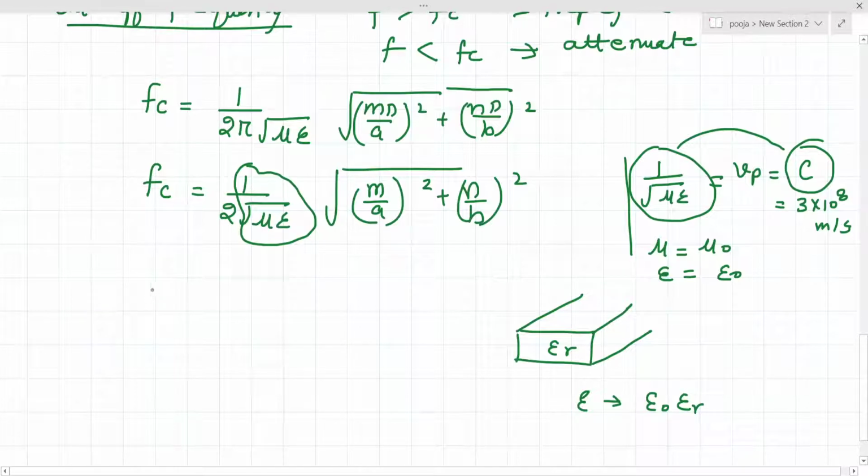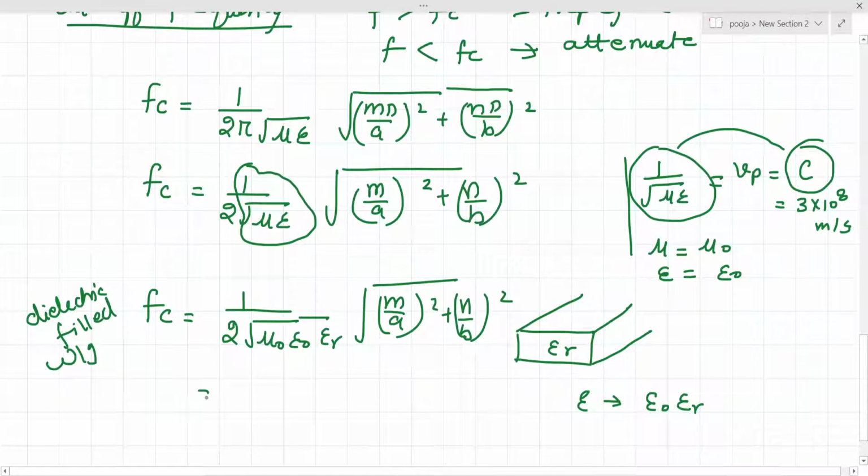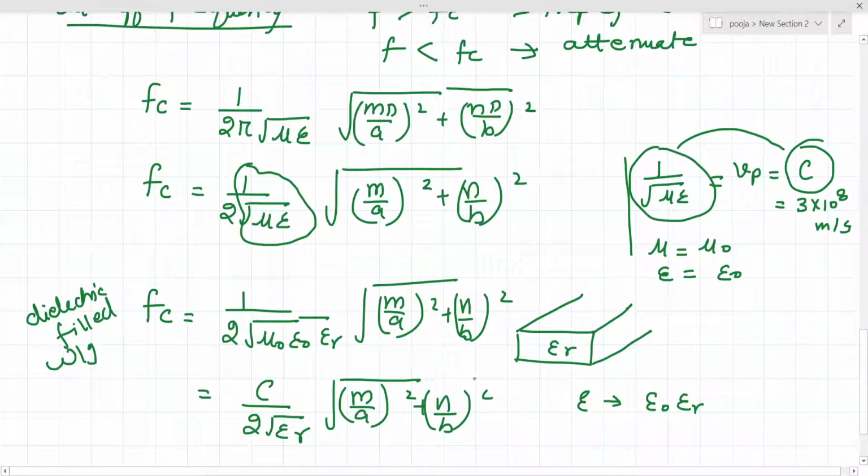So fc will become, this is the case for a dielectric filled waveguide, fc is equal to 1 over 2 under root mu naught epsilon naught epsilon r, times the square root of (m by a)^2 plus (n by b)^2, which is equal to c by 2 under root epsilon r times the square root of (m by a)^2 plus (n by b)^2.